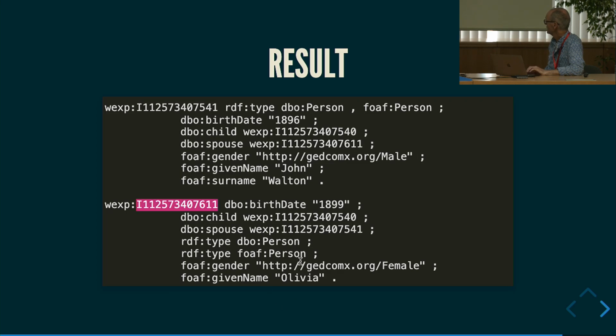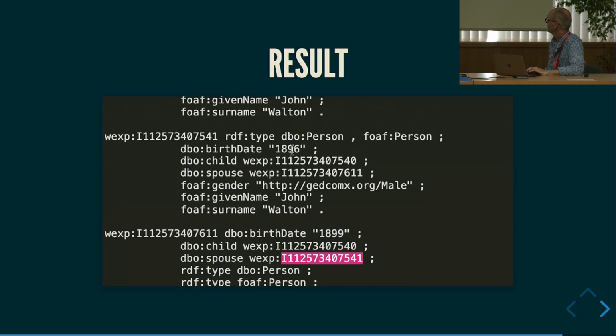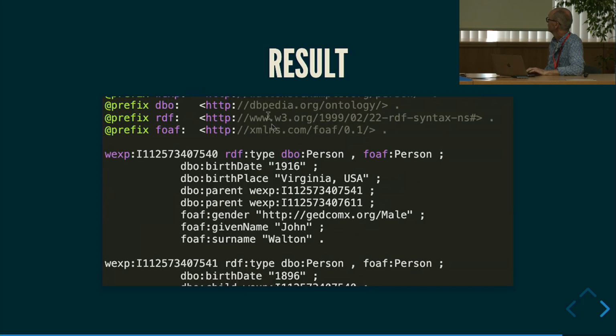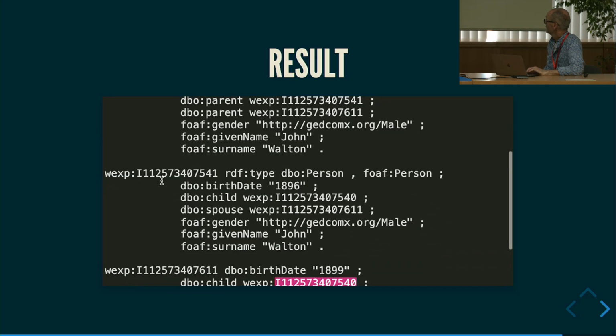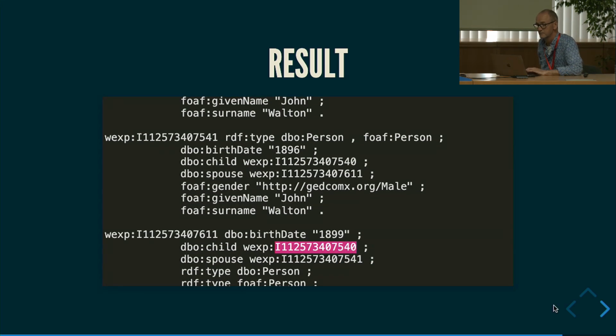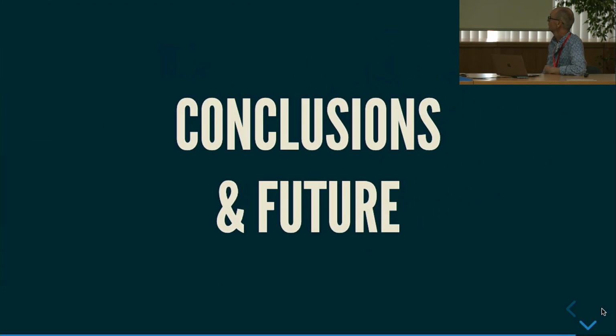We can also see that Olivia Walton has a spouse, which is, of course, John Walton Sr., and a child, which is John Walton. So we can easily create lots of RDF in that way.